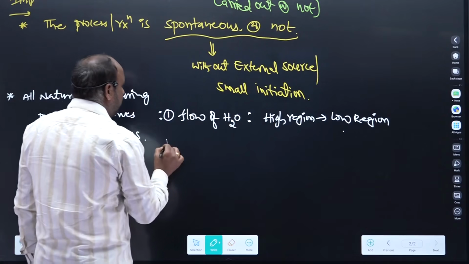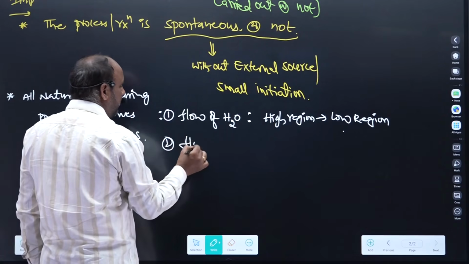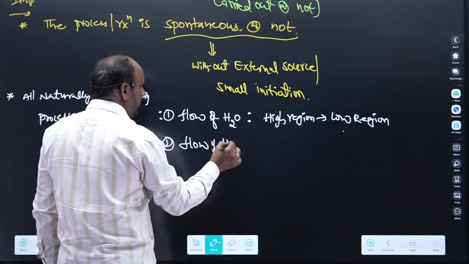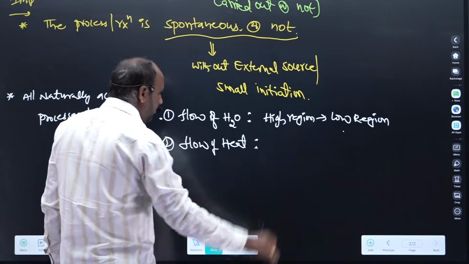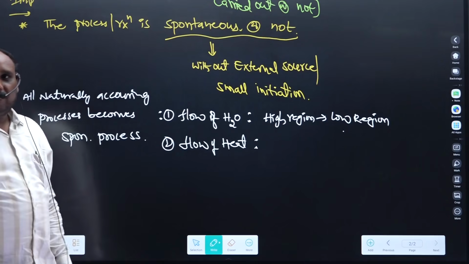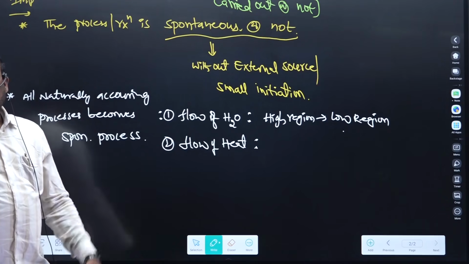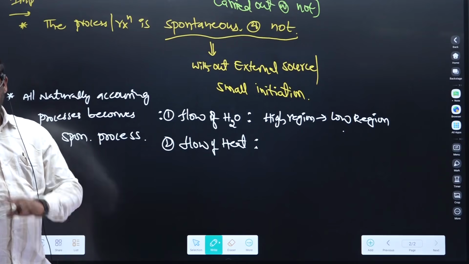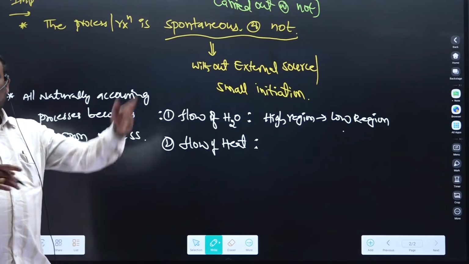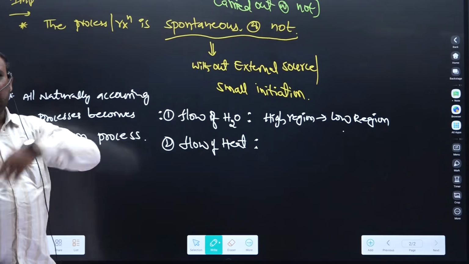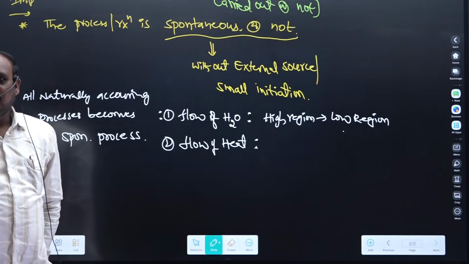Next, the second one, flow of heat. From where to where? Take hot water and keep it on the bench. Then go to the adjacent theatre for a movie and come back. What do you observe?